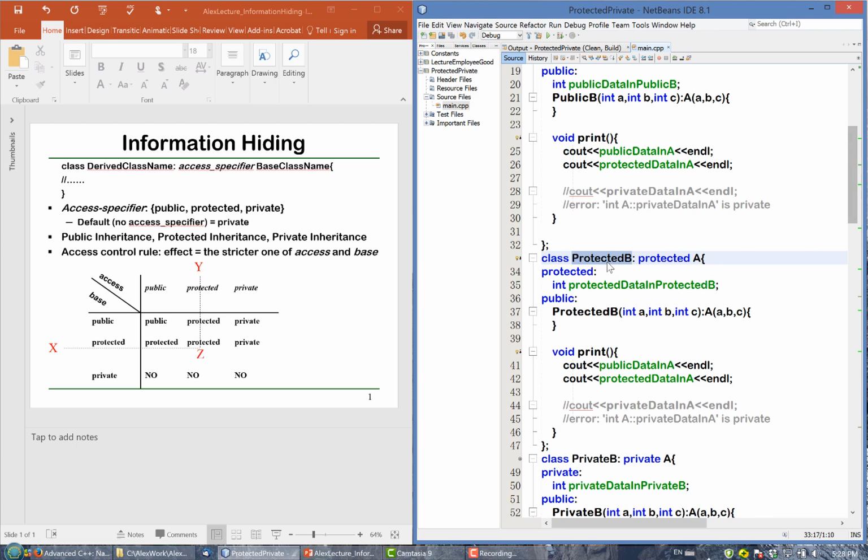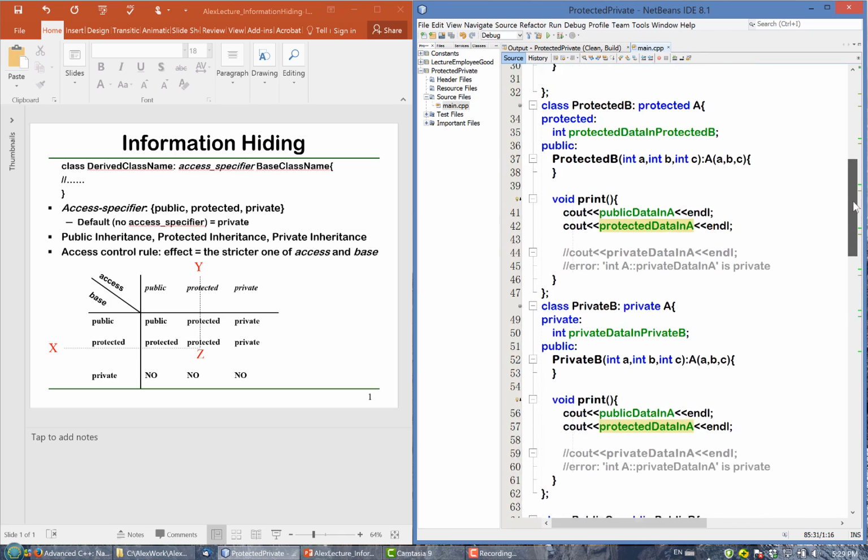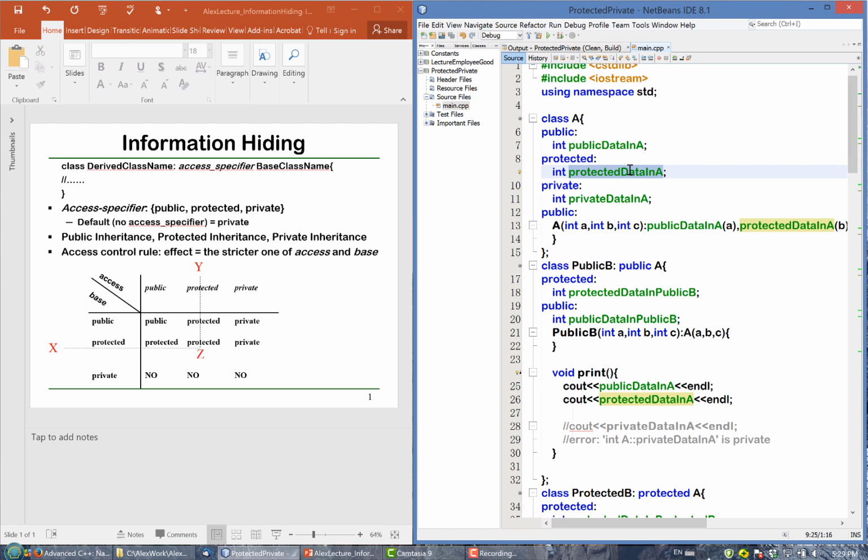Let's take a look at a further direct class of protected B. Here we have protected C class, which is a direct class of protected B. You can see that in protected C, we can directly access protected data in A. So the accessibility of this protected data in A is the same as protected data in this direct class.